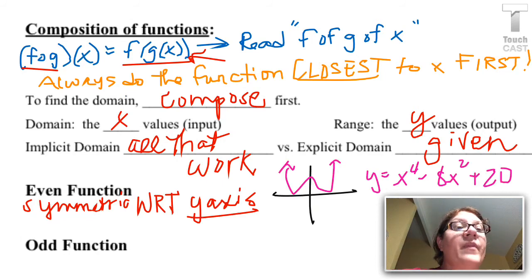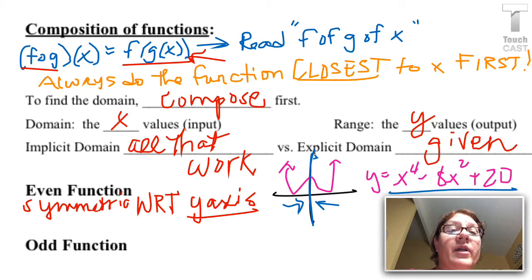So an example of this would be this degree 4 polynomial, and if I fold on the y-axis, so this would be my fold line right here, certainly this side would line up on top of this side. So symmetric with respect to the y-axis. And here's the equation. You can even put that into your calculator to get a better look at it.